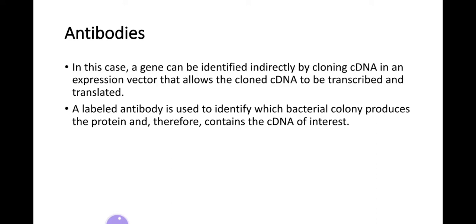These antibodies can be labeled and used to identify which bacterial colony produces the protein and therefore contains the cDNA of interest. So we can find the bacterial colonies by treating them with the labeled antibodies.